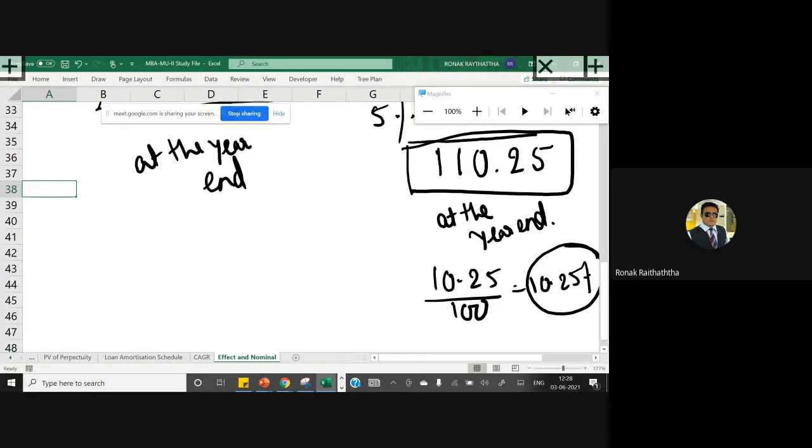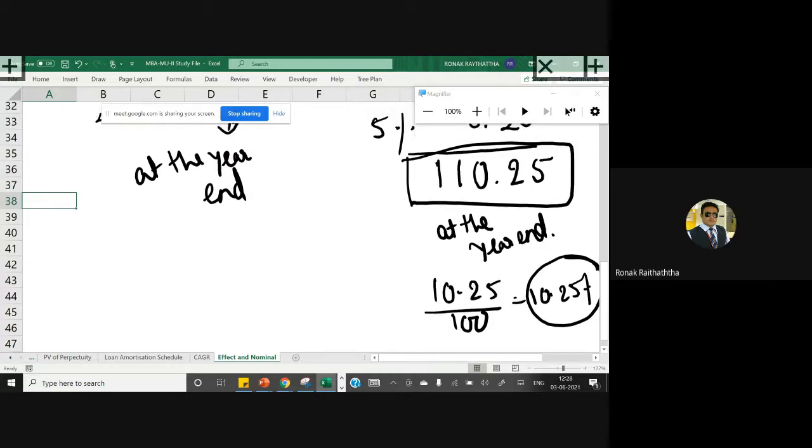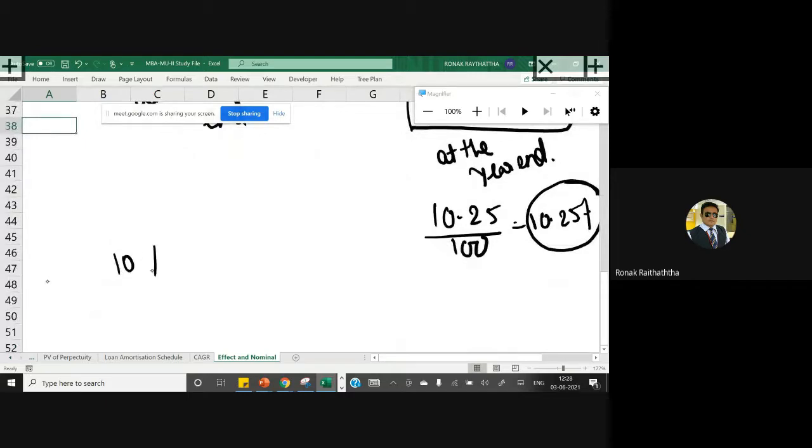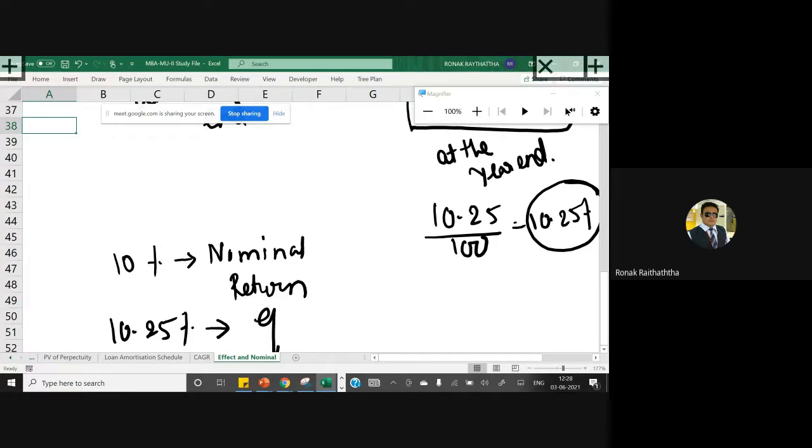So higher the compounding frequency, higher will be the effective rate of return. This 10% is considered as the nominal return. Nominal return. But 10.25% you have got is called as the effective return.